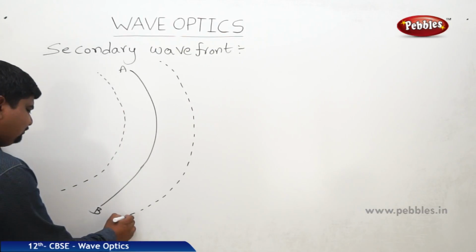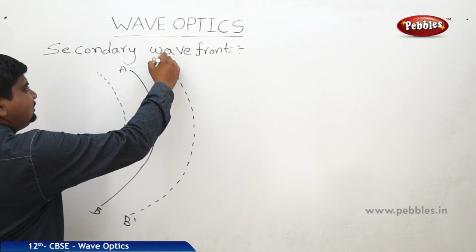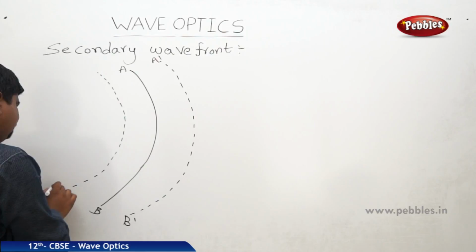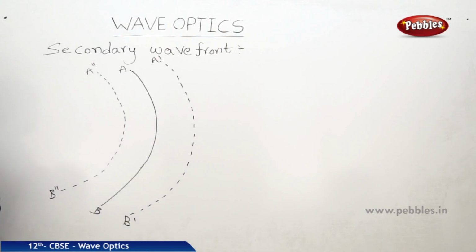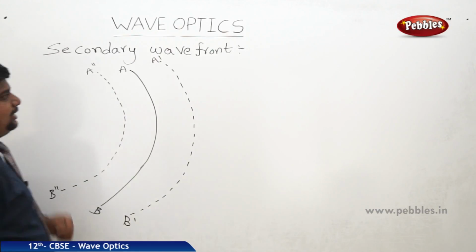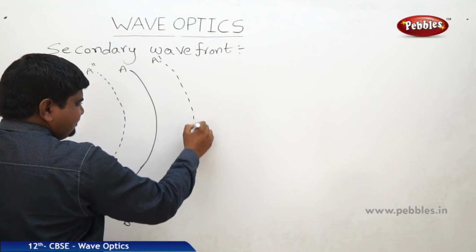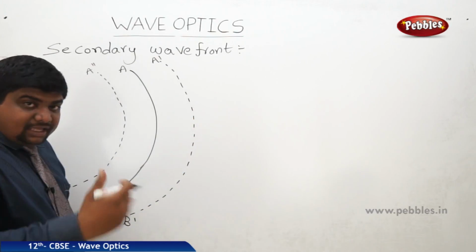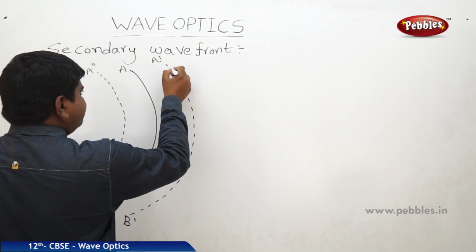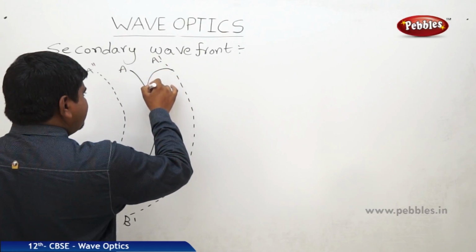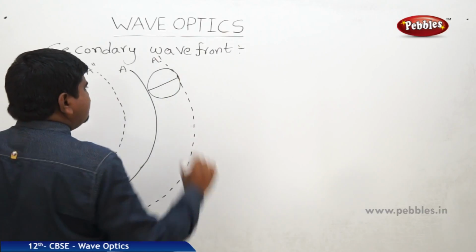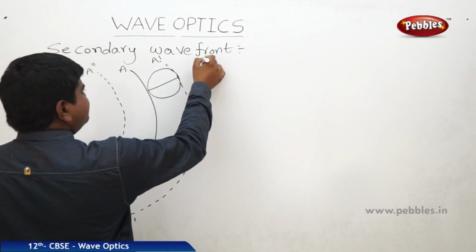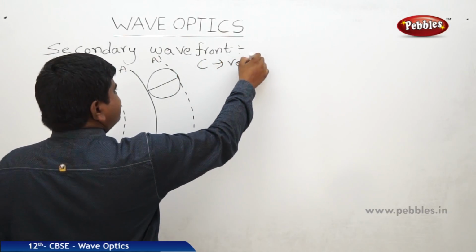This is BA, this is B dash, A dash, and this is B double dash, A double dash. So what is the shape of this wavefront? Circular, because it is touching the surface here. We can draw an imaginary line like a river bank. Then the wave is circular with velocity c. c is nothing but the velocity of light.